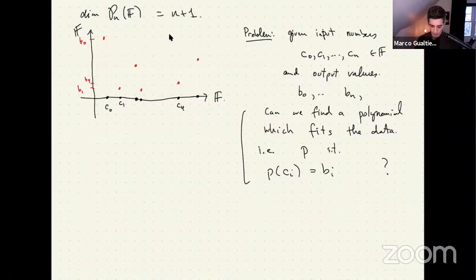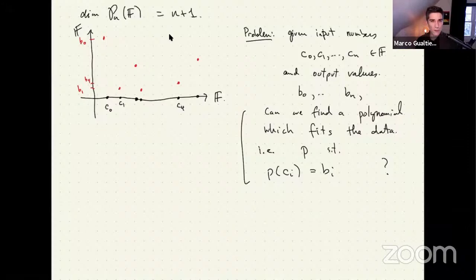A priori, the value of the polynomial on C0 could be anything in the field, but I'm requiring it to be equal to a given value, B0, which is fixed at the beginning. So that is one constraint. And then requiring that the polynomial has value B1 at C1, that's a second constraint.